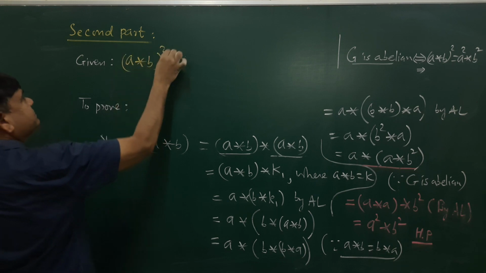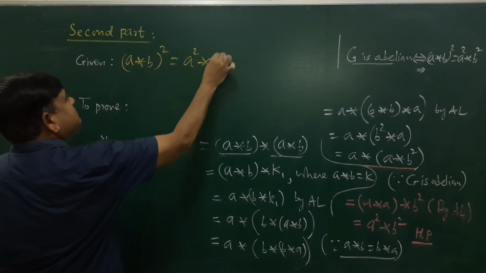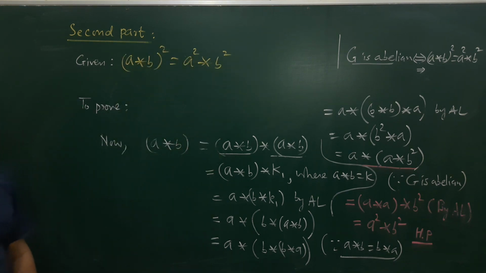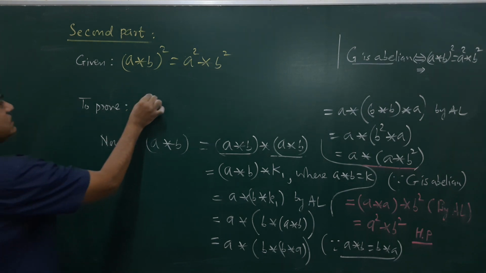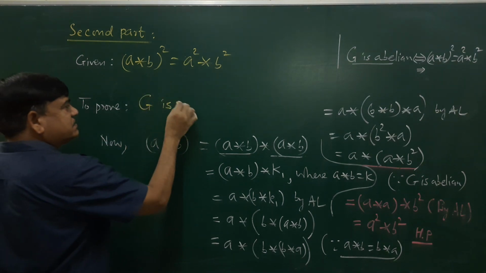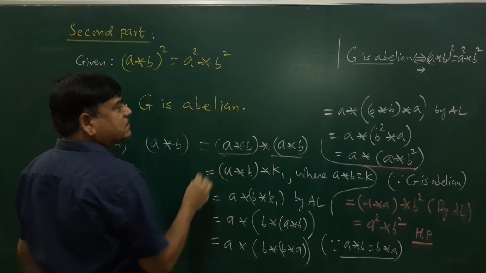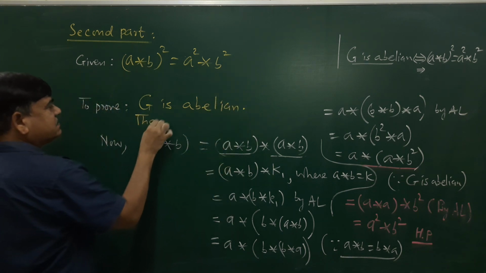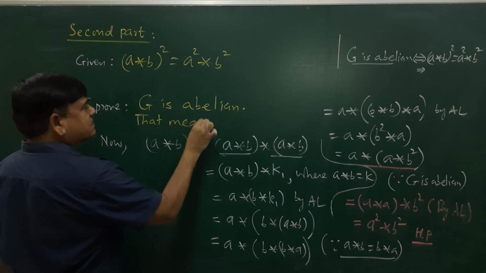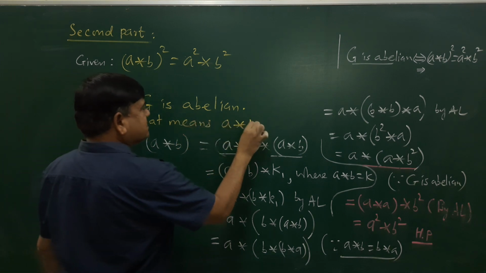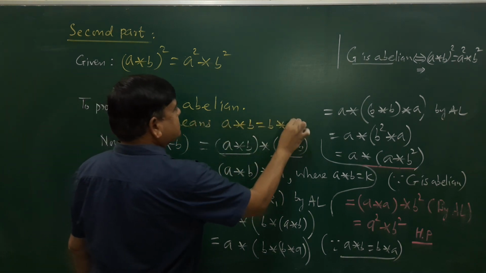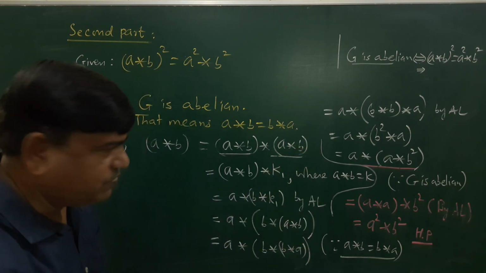This is given. This is given to us. To prove G is abelian. That means this is to be proved.